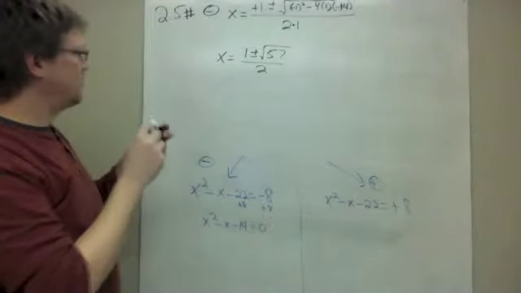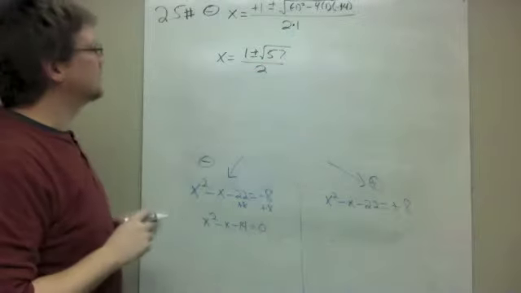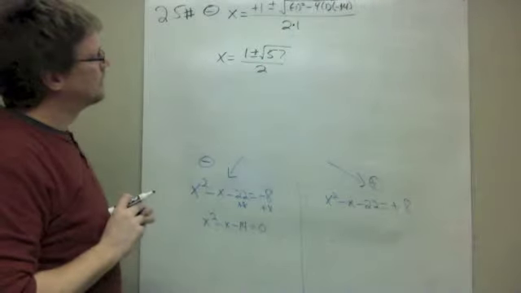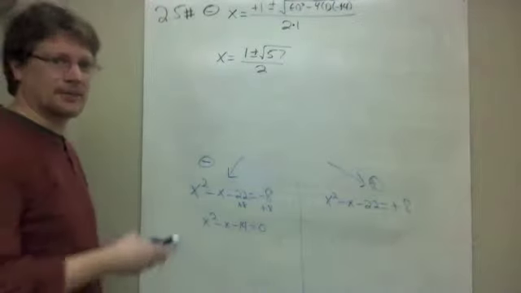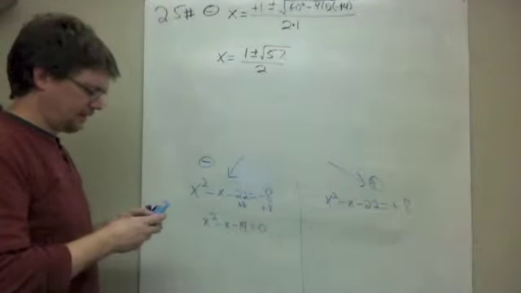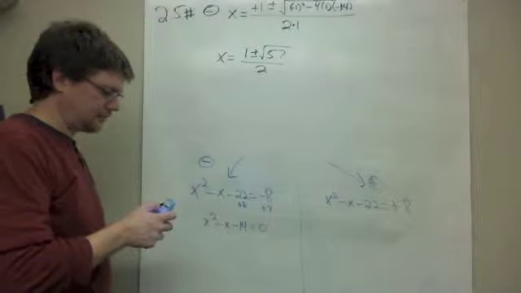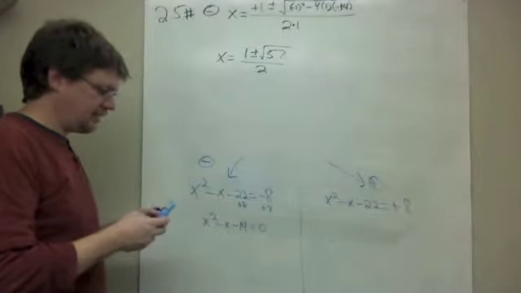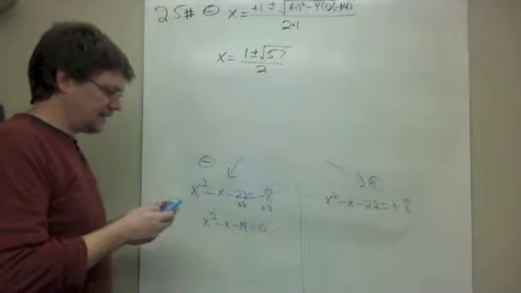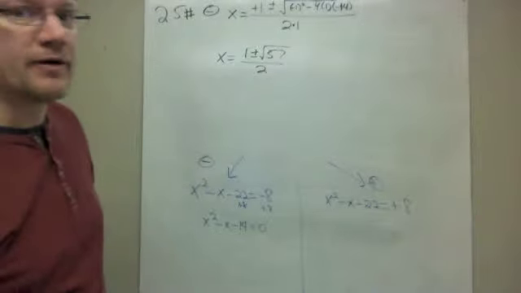I believe, no, 57 is not prime. Let's see, the square root of 57. I don't think that's anything in particular, but it's not prime. The square root of 57 is just the square root of 57, so I would leave it like that.